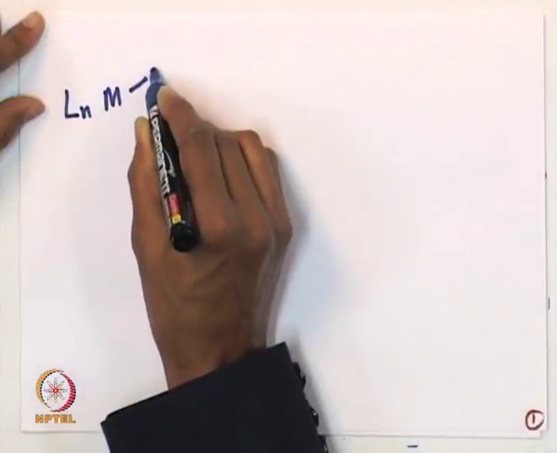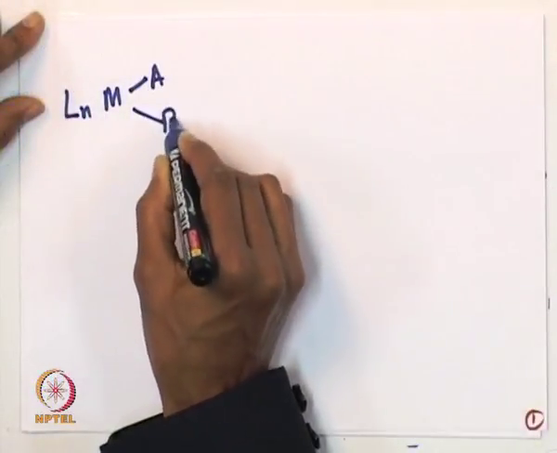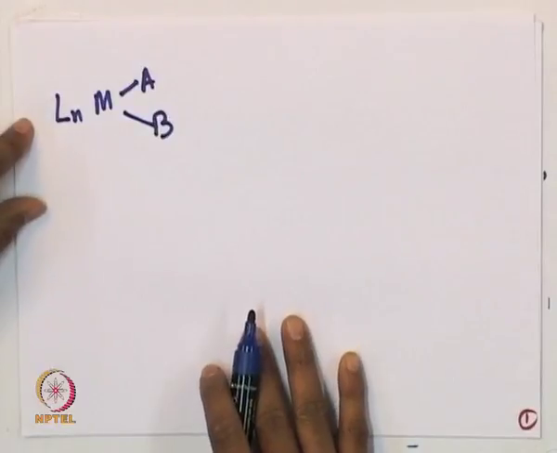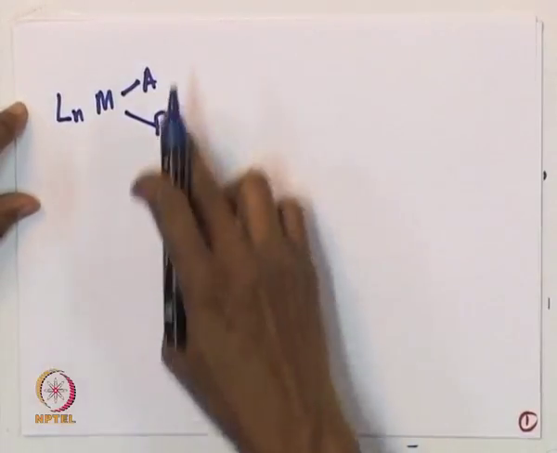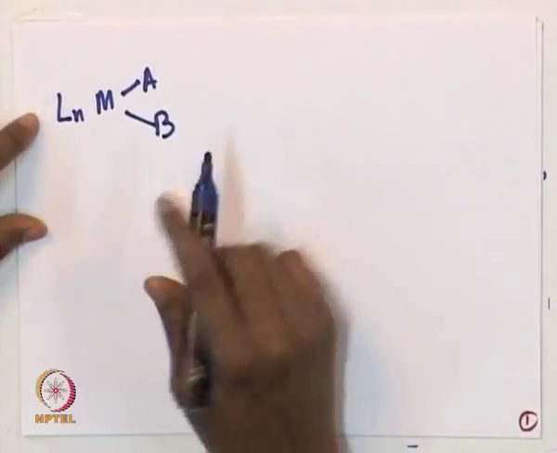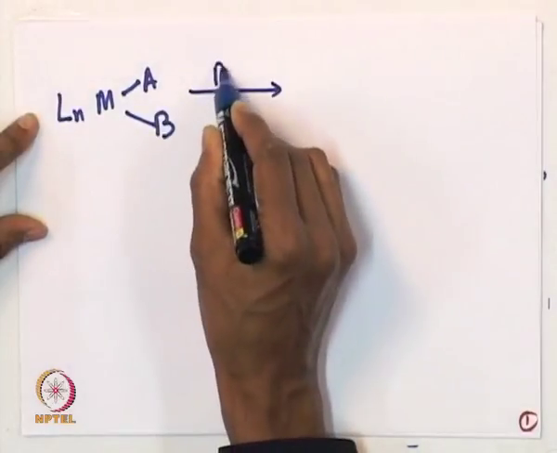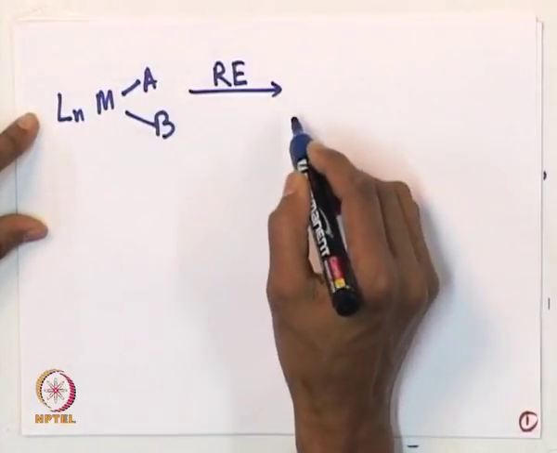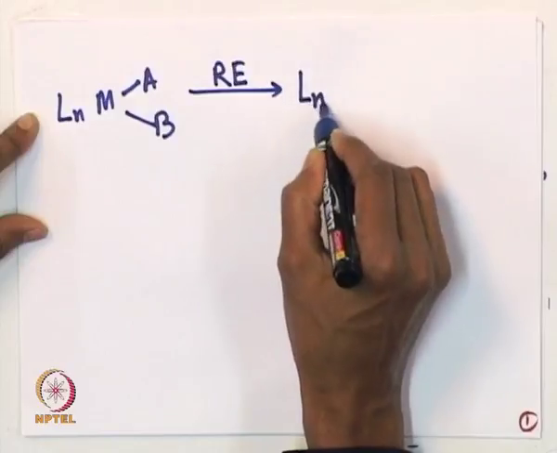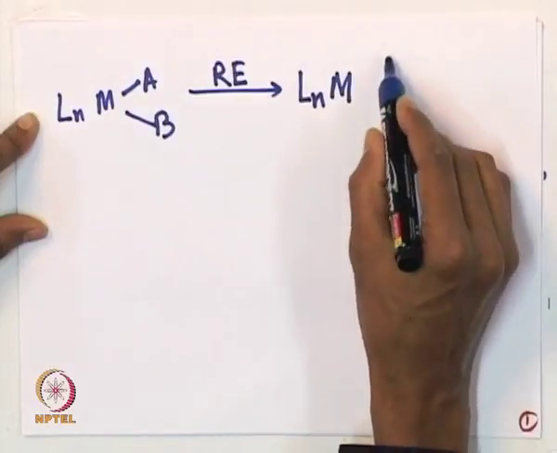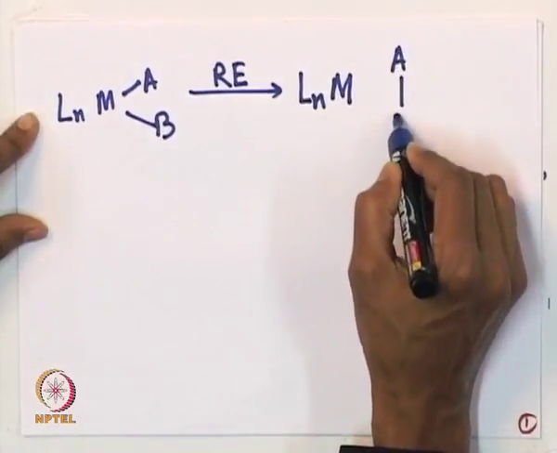Reductive elimination will start from a ligand metal complex having A and B components. This is the species you get after oxidative addition into A and B, right? So the reductive elimination in the forward sense will give you LnM and A-B.